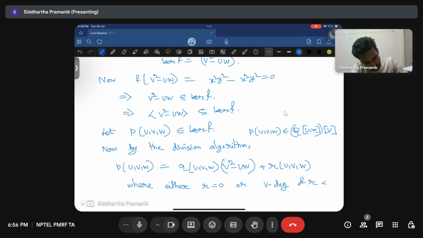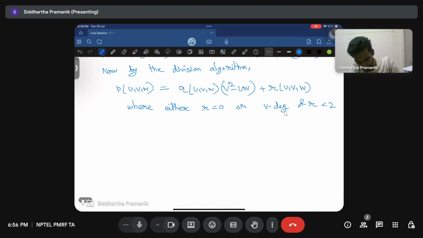So r is a linear polynomial of degree 1 as v-degree.